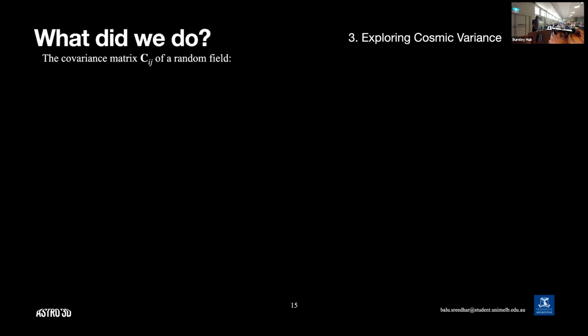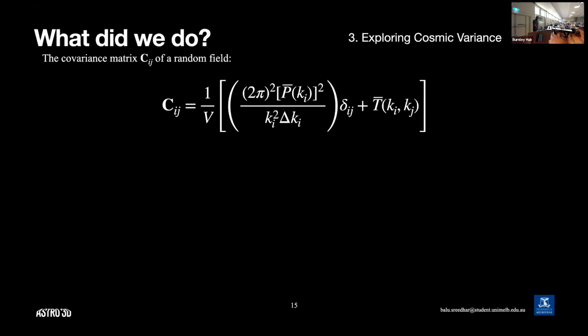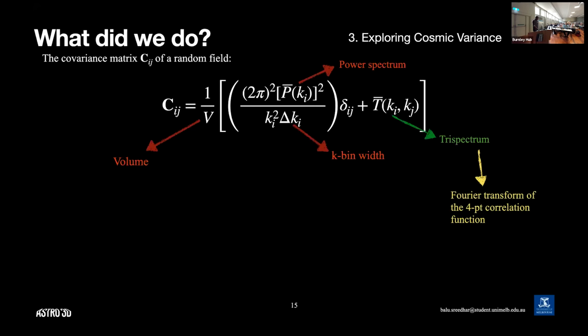Now, you might know that for a normal random field, you can look at the covariance matrix of the field. The covariance matrix is given by this expression, where V is the volume, K is the spatial frequency, and P of K is your power spectrum. And T of Ki, Kj is the trispectrum, which is essentially the Fourier transform of the 4-point correlation function.